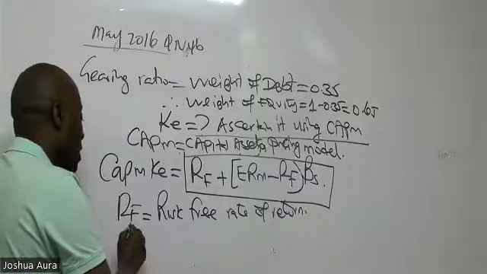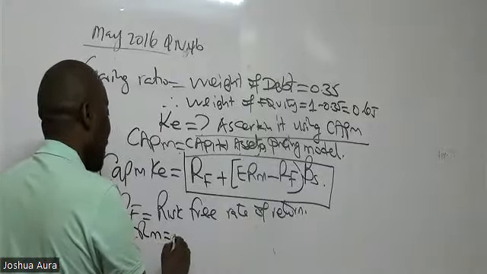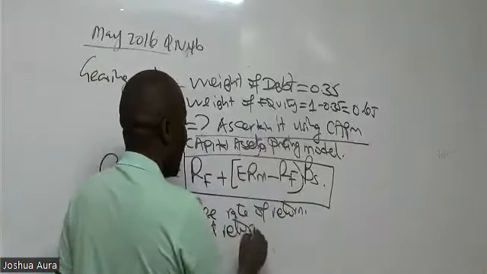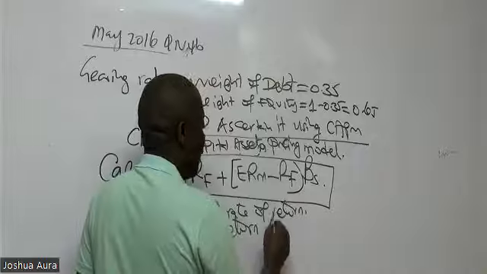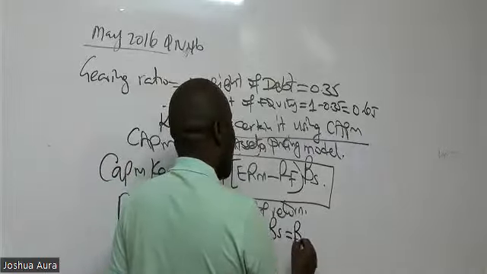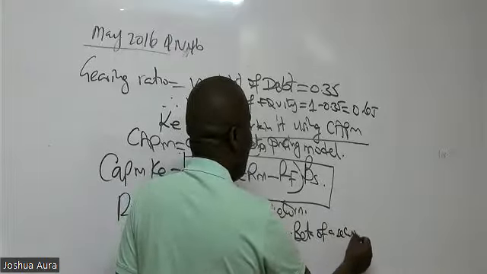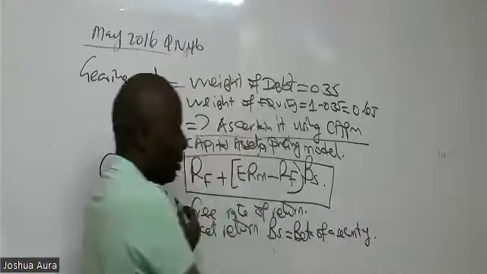And then we have ERM. ERM is the market return. Just call it market return. And then we have Bs. Bs is the beta of a security.